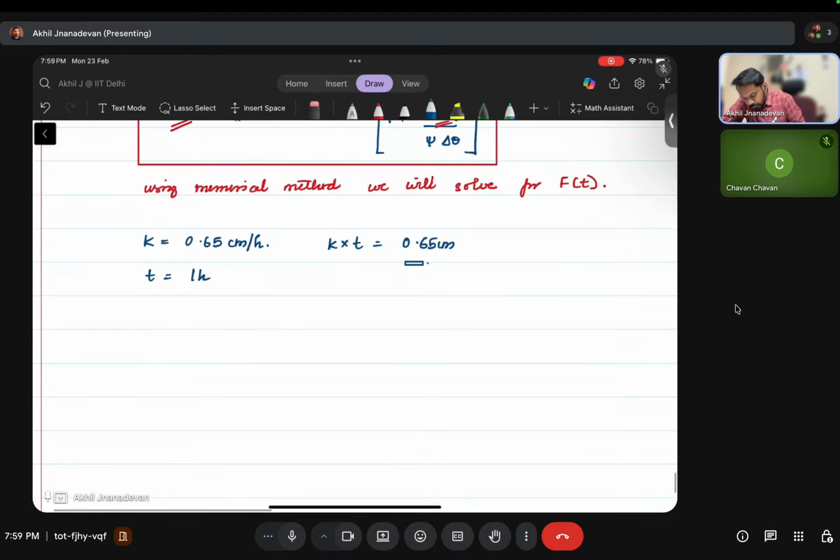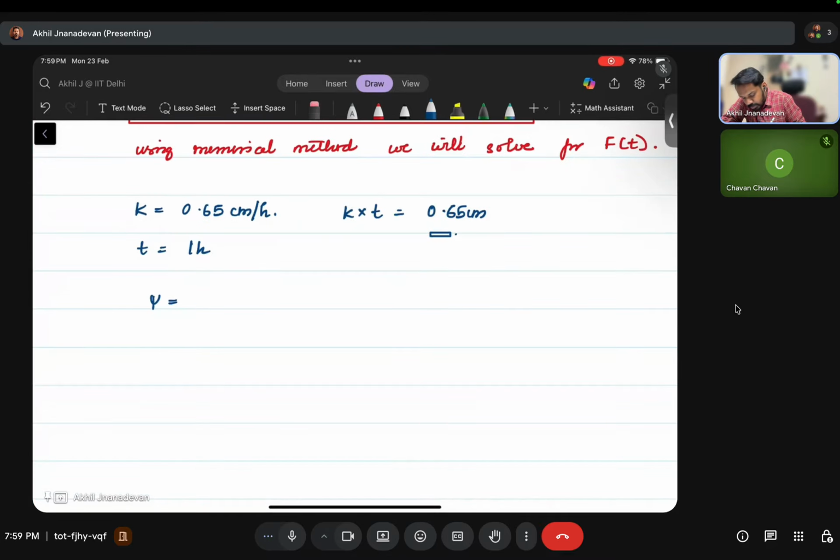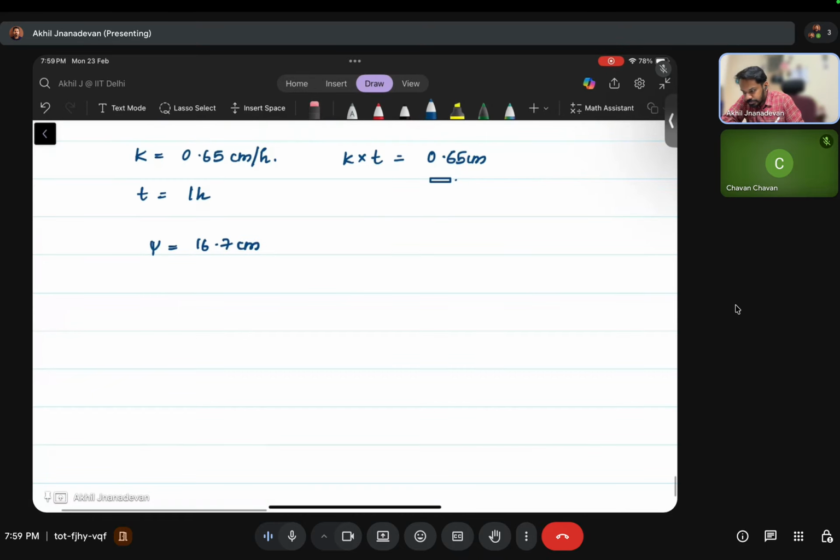Psi is the suction head, 16.7 centimeter. And then there is another term called delta theta, the change in moisture content.